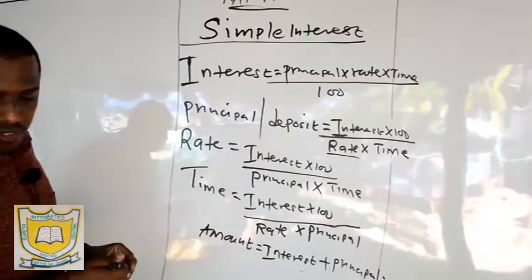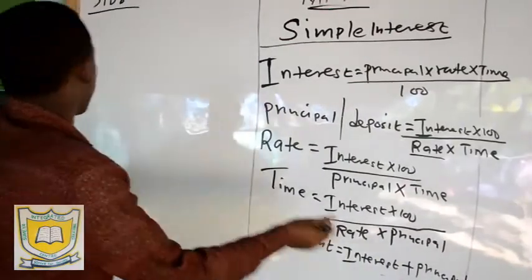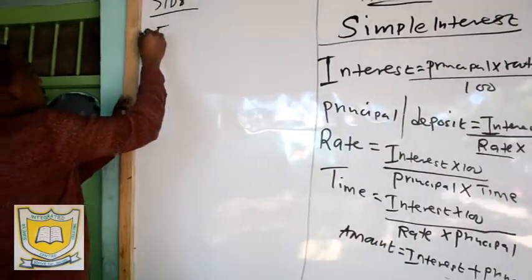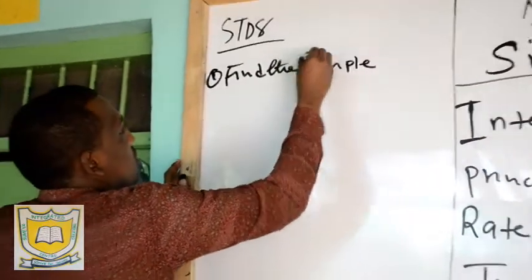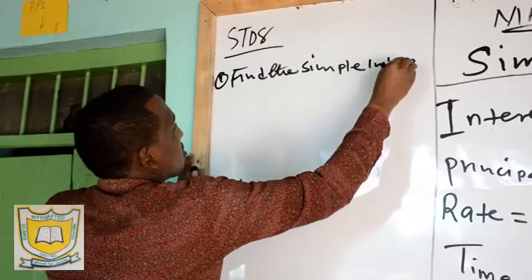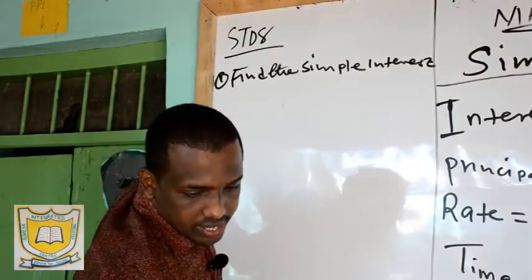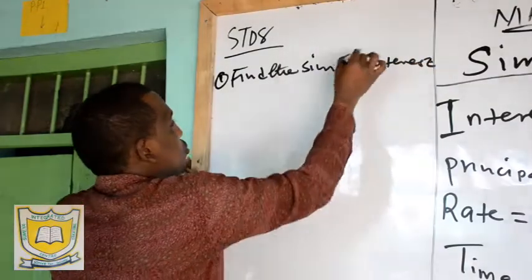Here you are told: find the simple interest on each of the following.